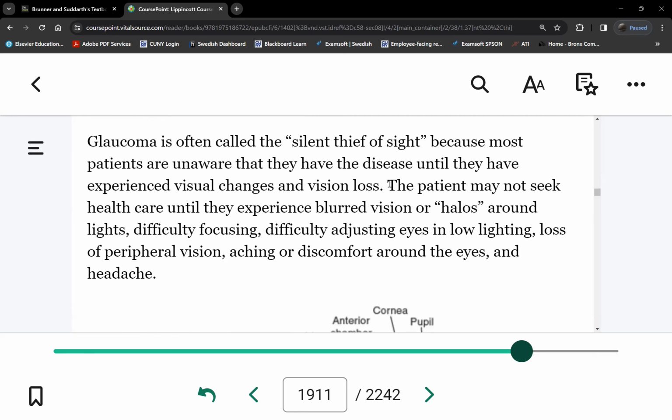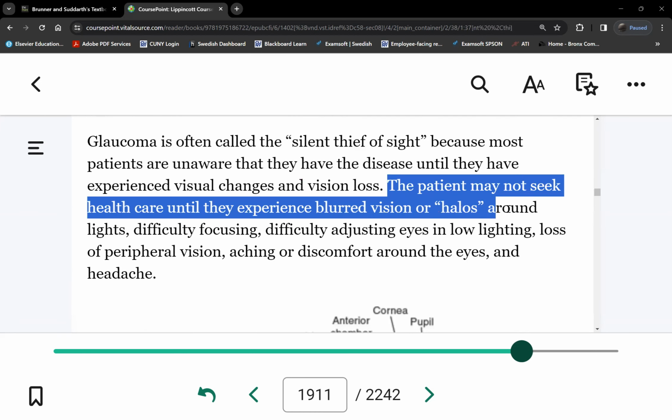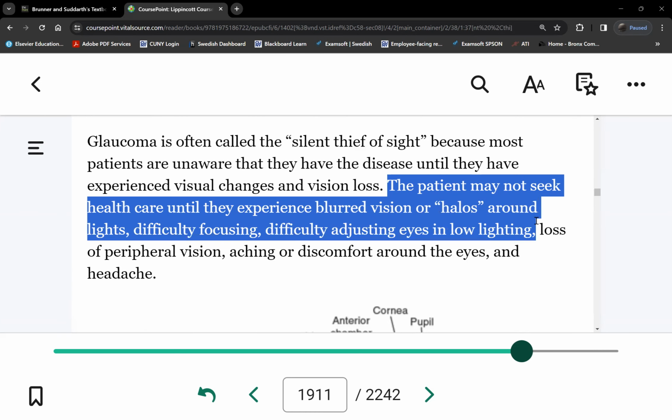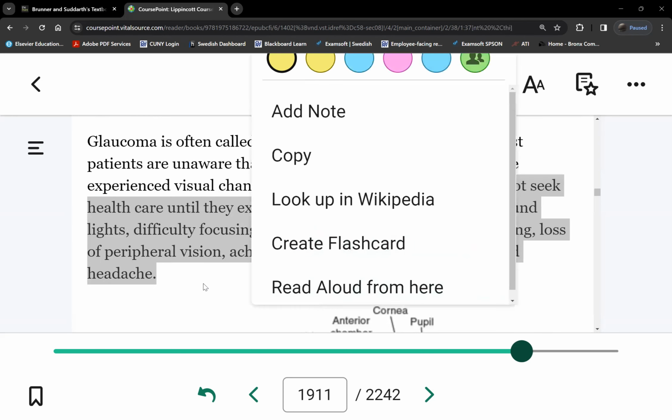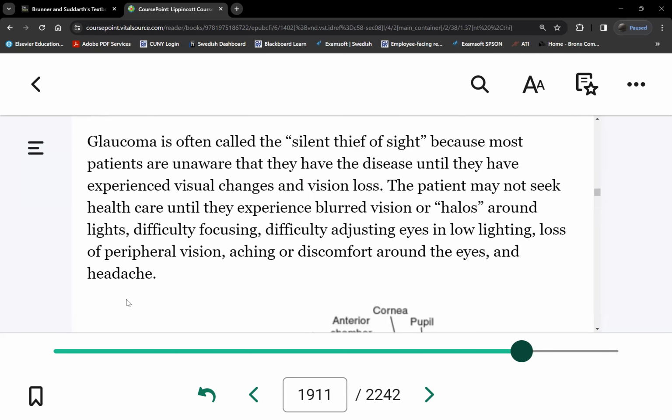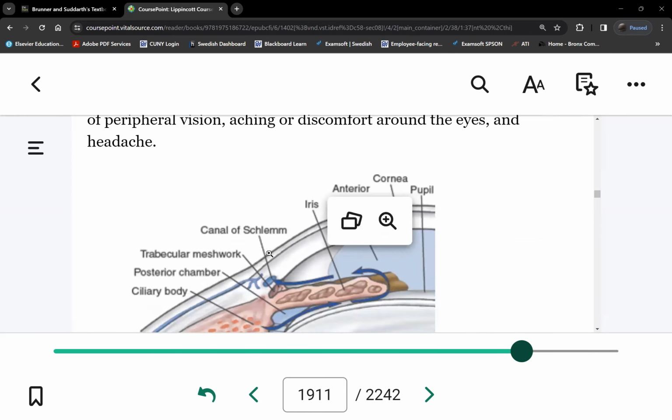So the patient here may not seek healthcare until they have symptoms, which are now going to be blurred vision, halos around lights, difficulty adjusting eyes in low lighting, etc. And the headache here. The headache already means that the intraocular pressure is high enough to cause the symptom of a headache, which is equivalent to severe high blood pressure.